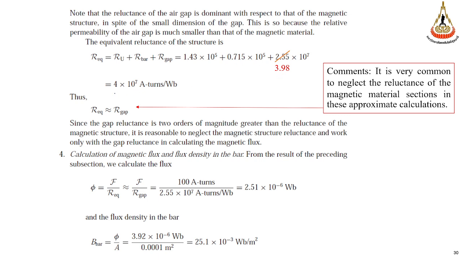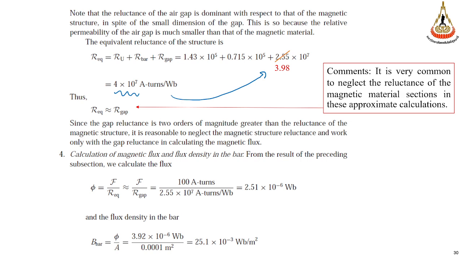You can see that it's just similar to the air gap, right? This 2.55 is a mistyping, right? It should be 3.98, and it's almost equal to 3.98.